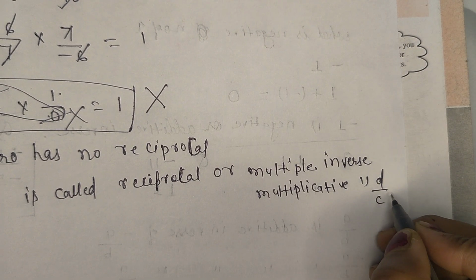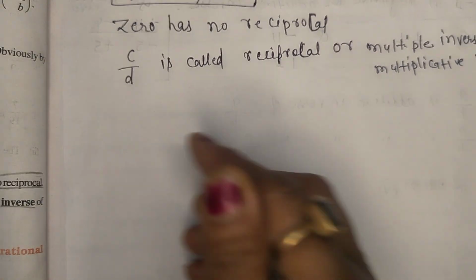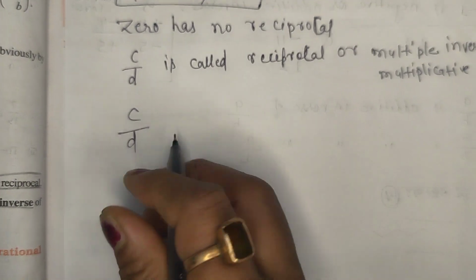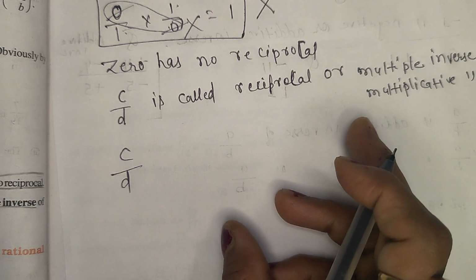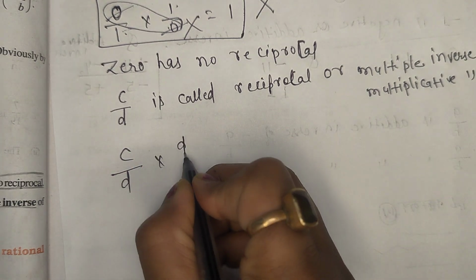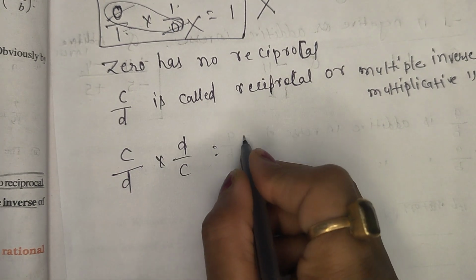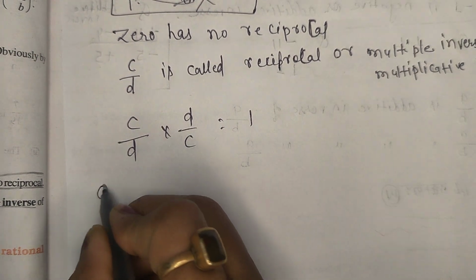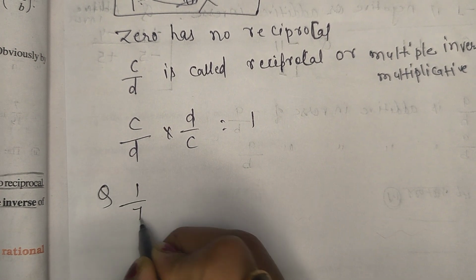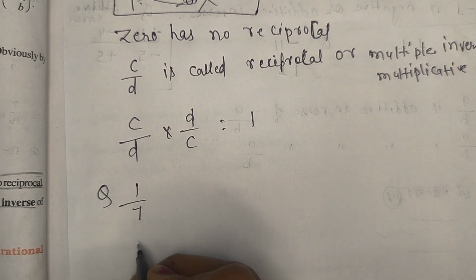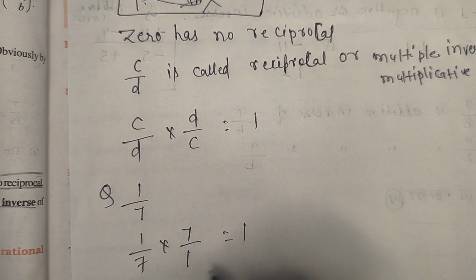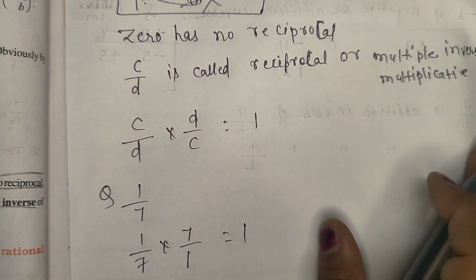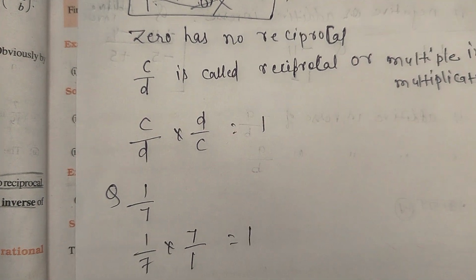When you multiply a number and its reciprocal, you get the product 1. Like this, you take the reciprocal of this number and you get product 1. This is the multiplicative inverse.